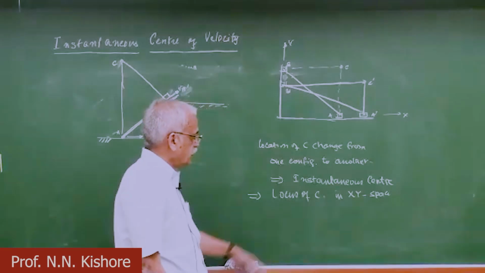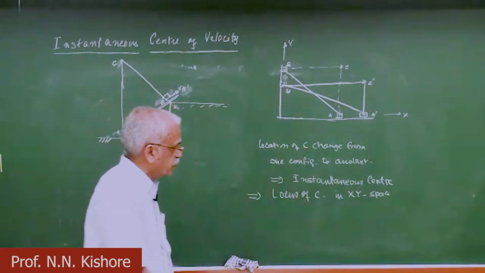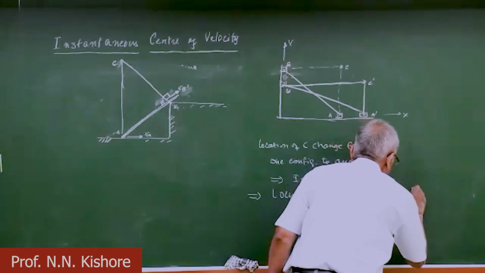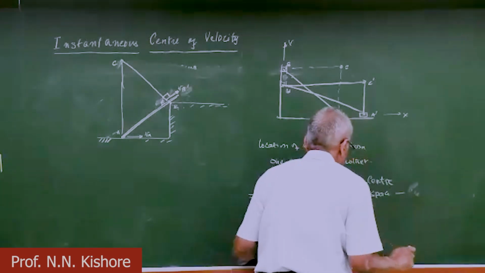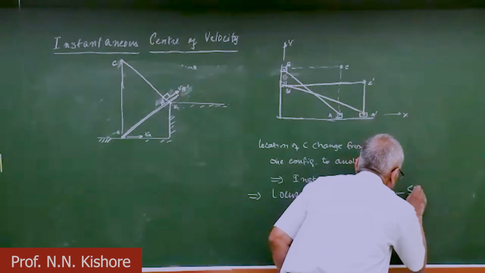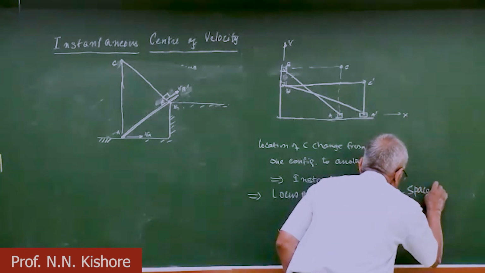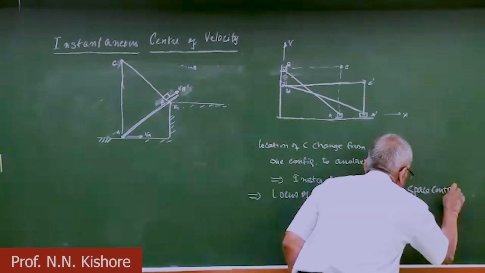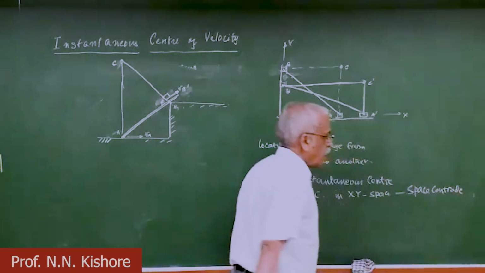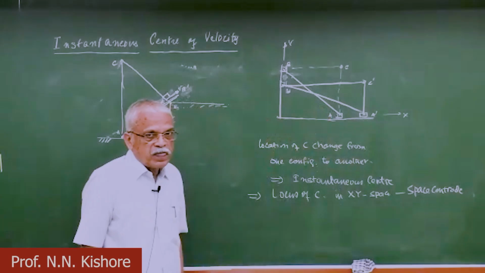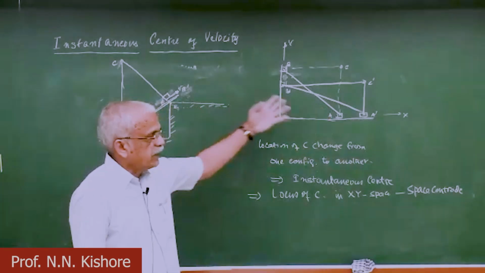Okay, so the locus of C in xy space is known as the space centroid. So it is a line in the space, and what is that locus?